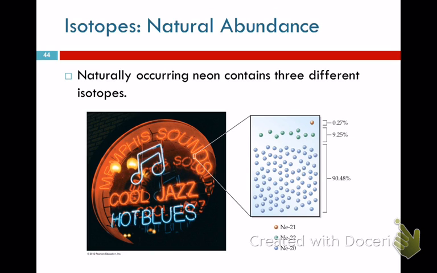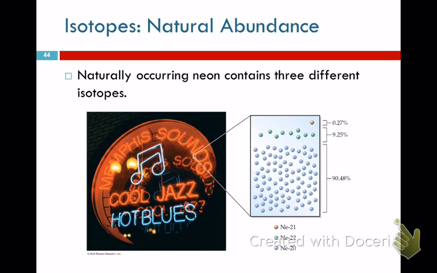When he took neon and ran it through this mass spectrometer, he found that most of the neon atoms had an atomic mass of 20, some had an atomic mass of 22, and a fewer number had an atomic mass of 21. And they're like, well, what gives? Why are neon atoms different?